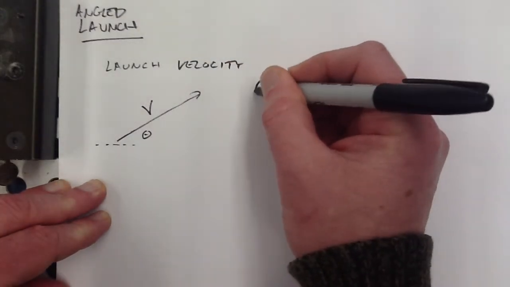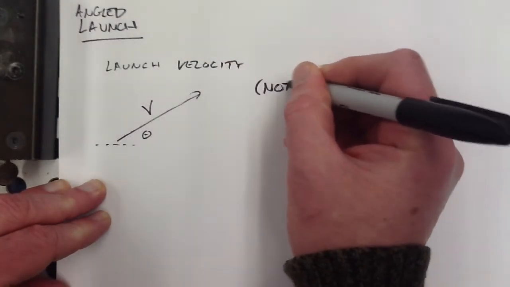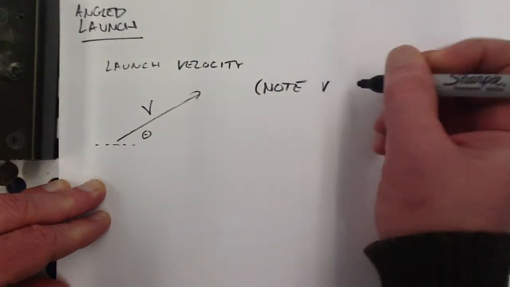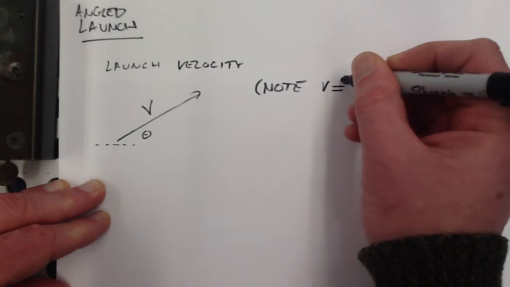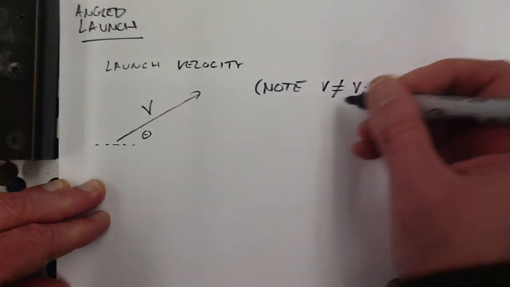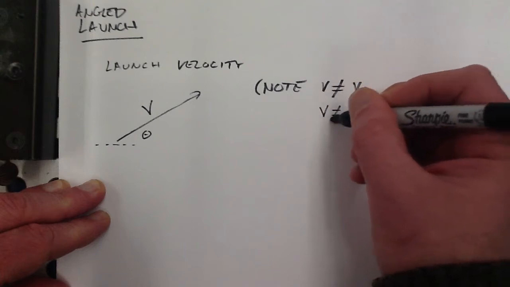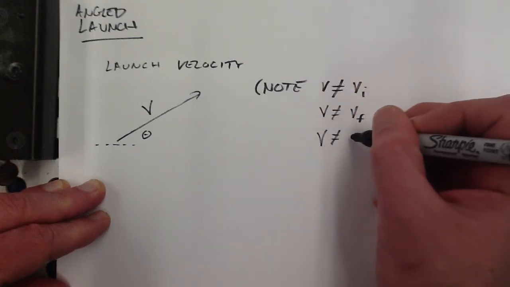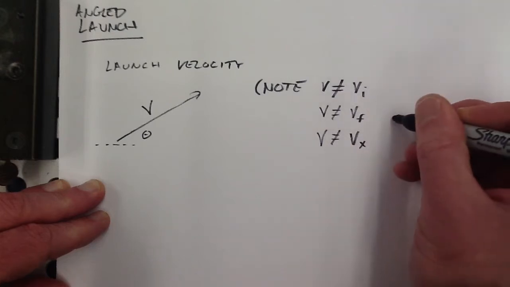And I'm going to make a big note here. This is at an angle, so note that V is not equal to VI, and V is not equal to VF, and V is not equal to Vx.